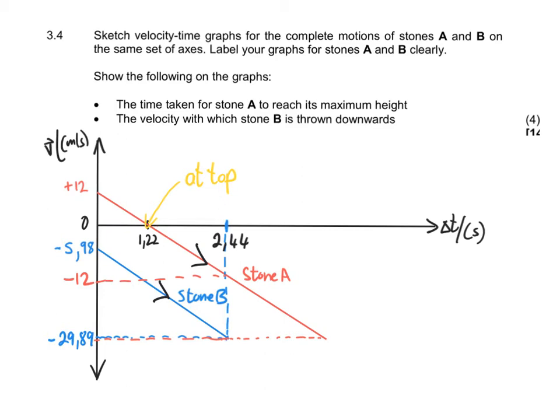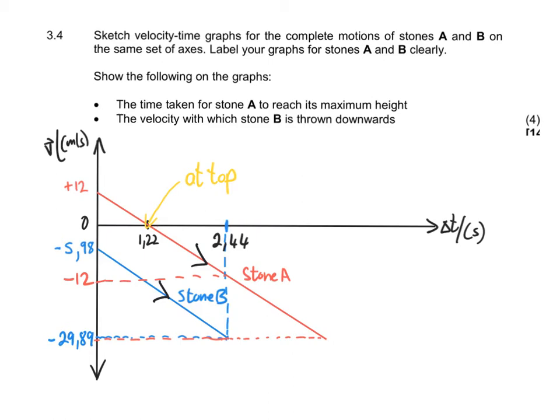Stone A has had to travel further, so at 2,44 seconds, stone A is actually only where it originally started. So this area and this area, if you add them together, that's going to be a positive area, this is a negative area. These two should add up to 0, because at 2,44 seconds, the stone is now traveling downwards, but it's now come back to where it originally started.